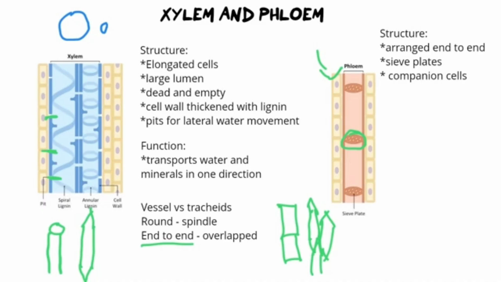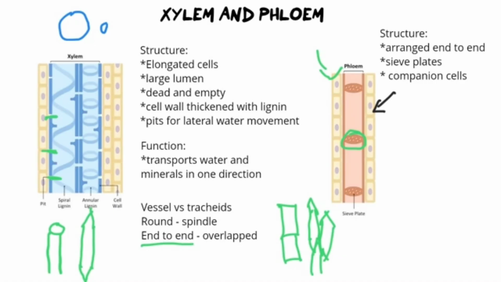And the last thing, which is in this diagram here, alongside phloem cells, they have companion cells, which are essentially cells sitting alongside. These are just regular parenchyma cells.